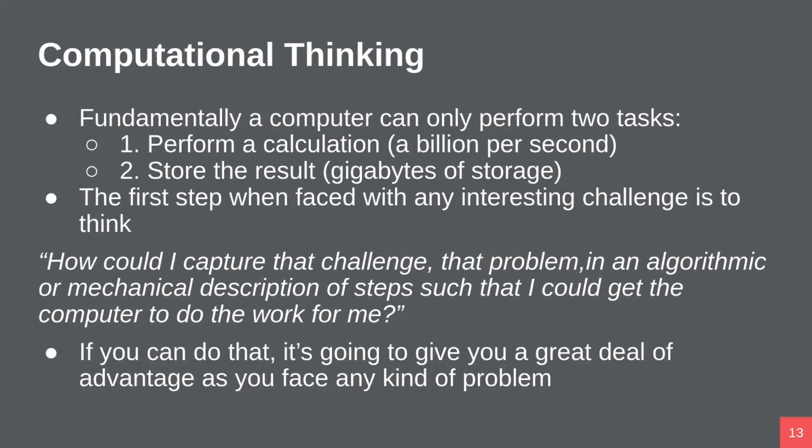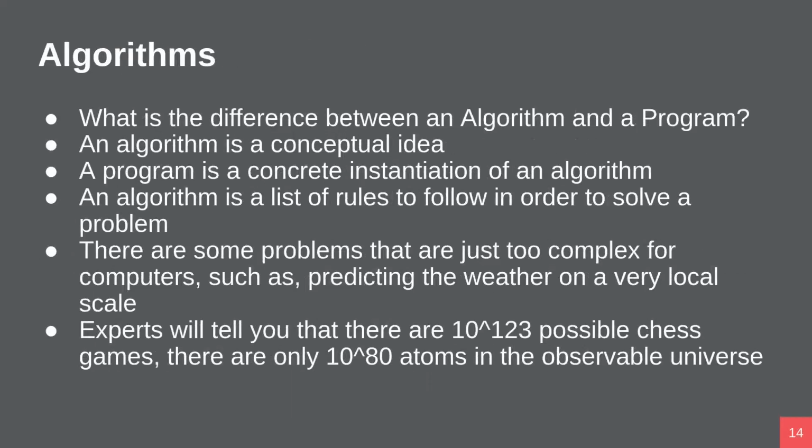Sometimes when we think computationally, we need to think of algorithms. What's an algorithm? An algorithm is an idea, and the best way to think about an algorithm is it's like a recipe. If you open a cookery book of recipes, you could call that a book of algorithms. It shows you how to make cakes or some different types of bread.